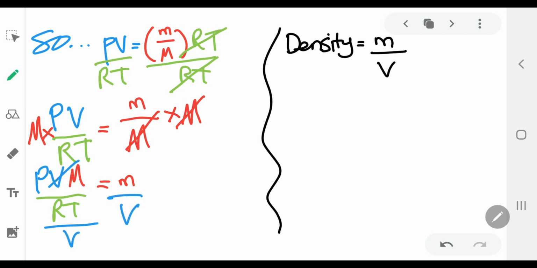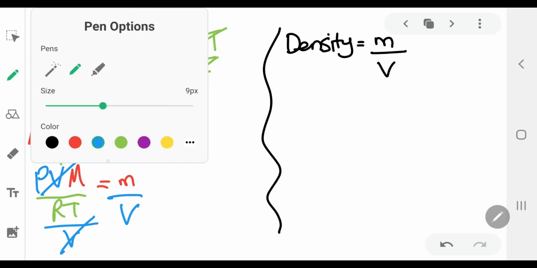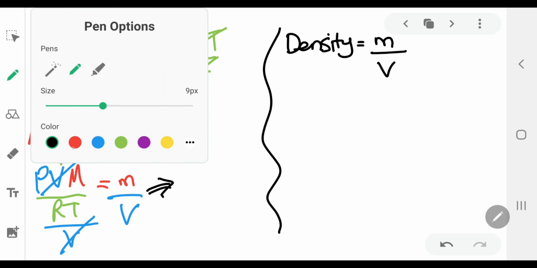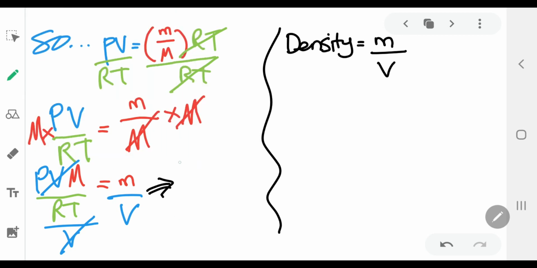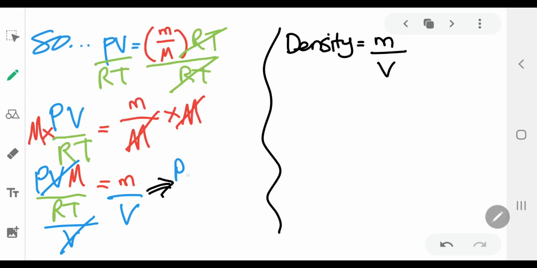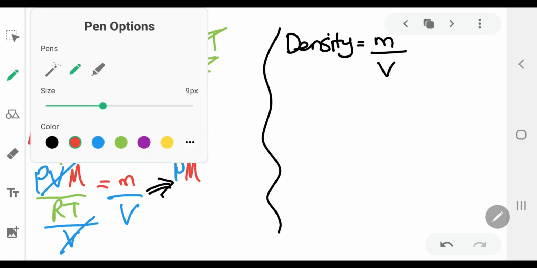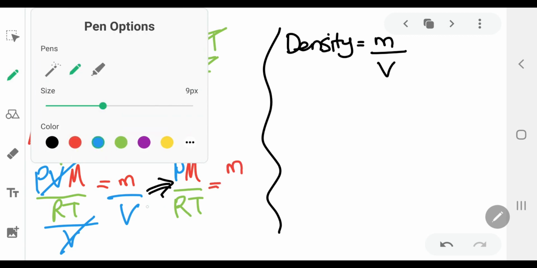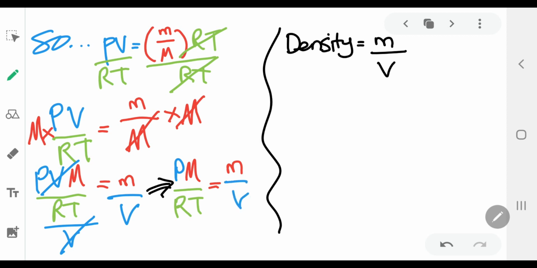We can cancel that out, and you should be getting something like this: P, pressure, times molar mass over RT equals mass over V.